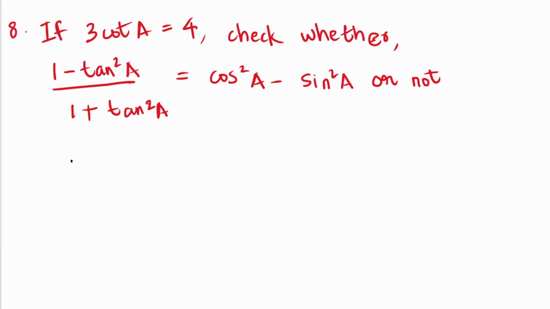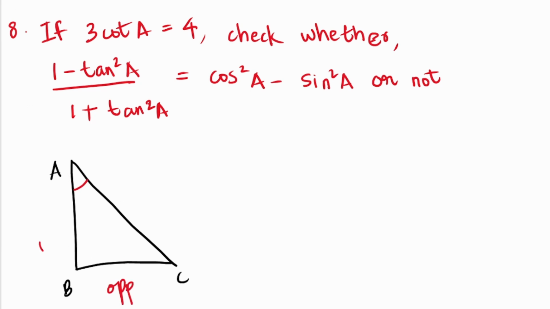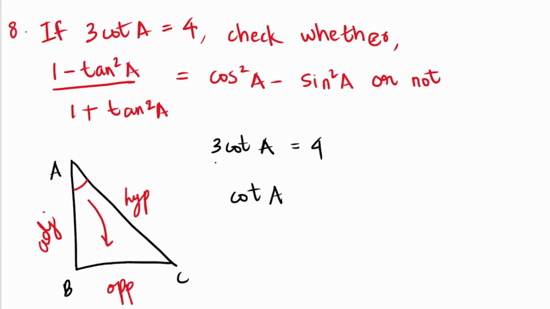So let us draw triangle ABC, and with respect to angle A, this is the opposite side, this is the adjacent side, and this is the hypotenuse. In the question it is given 3 cot A equals 4, so cot A is 4 divided by 3.